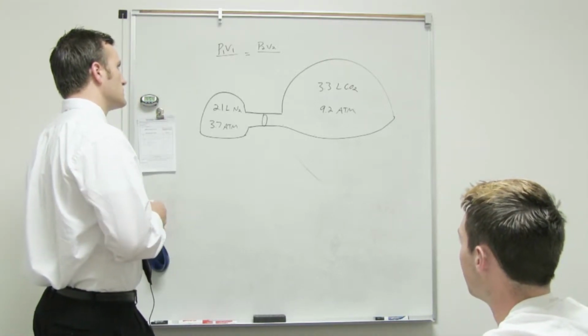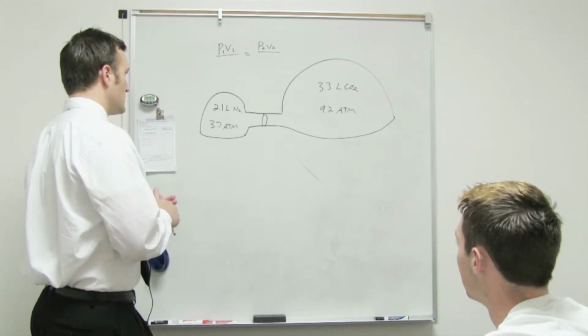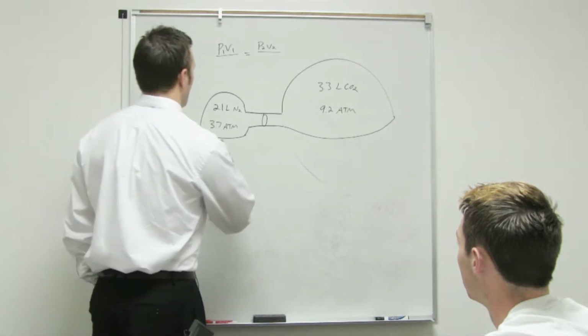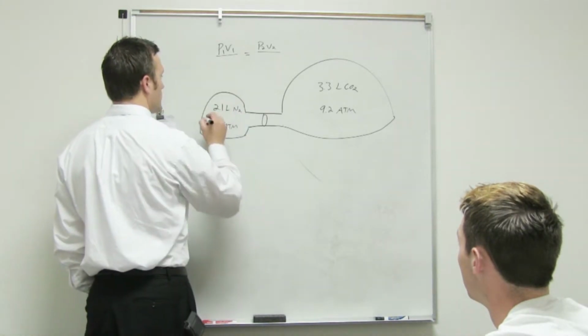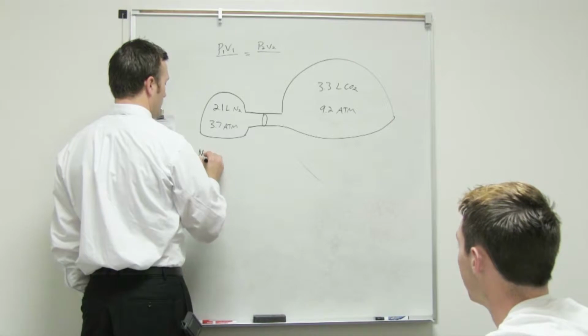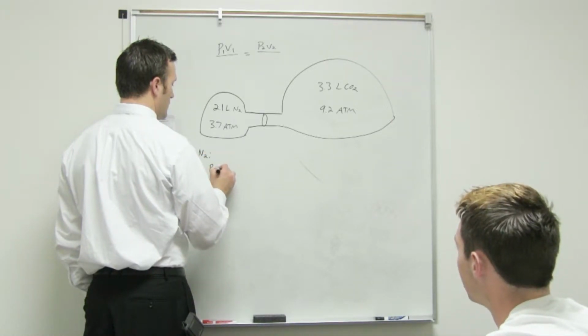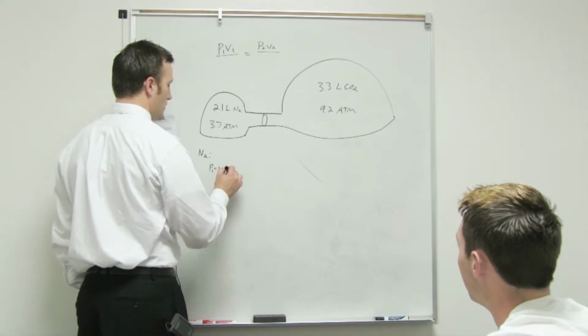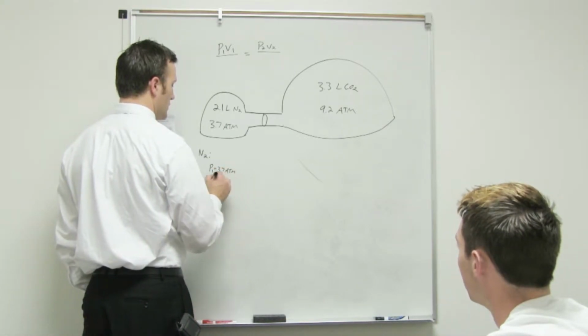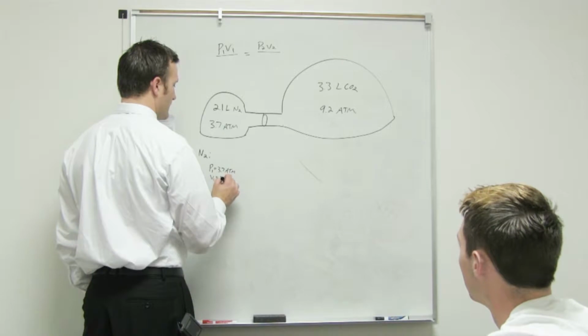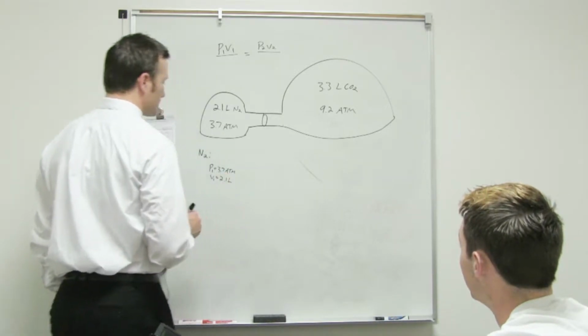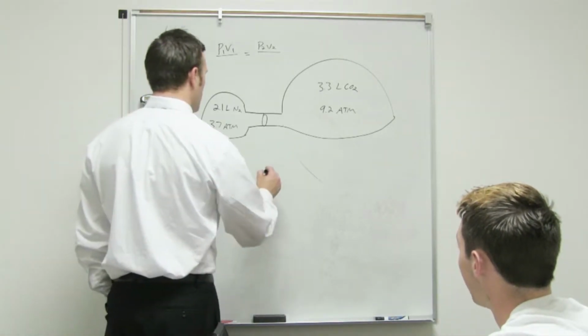P1 would be 3.7. Right. So this is for N2. So P1, it's 3.7. And V1 is 2.1. And now the V2 is going to be 5.4.